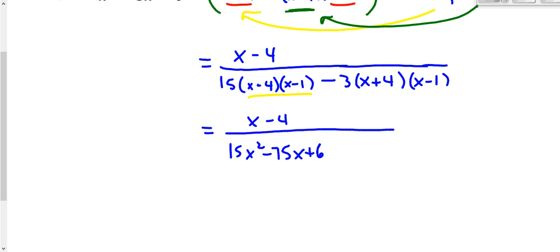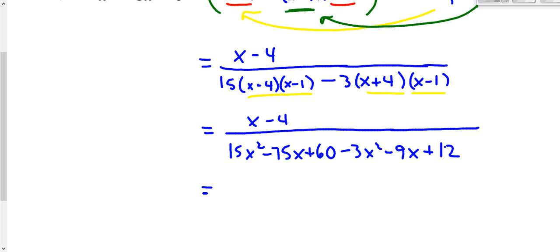Multiply that by 15. And then we're going to FOIL the x plus 4 times the x minus 1, and then multiply those by negative 3. So we have x squared times negative 3. The inside's 4x, the outside's negative 1x, that adds to 3x. Multiply that by negative 3. And then the last, we get negative 4, multiply that by negative 3.